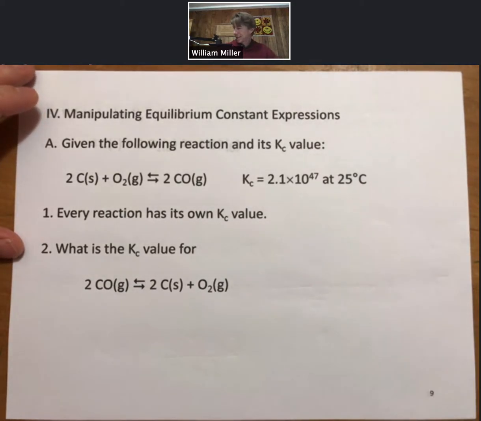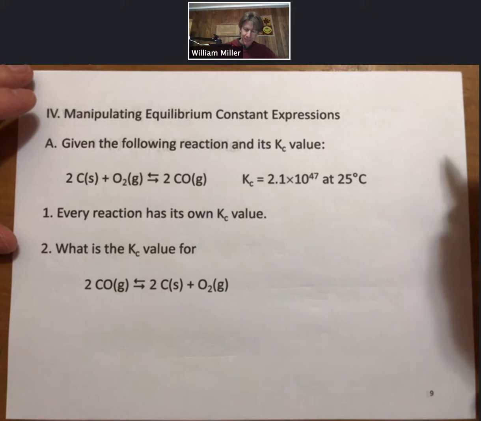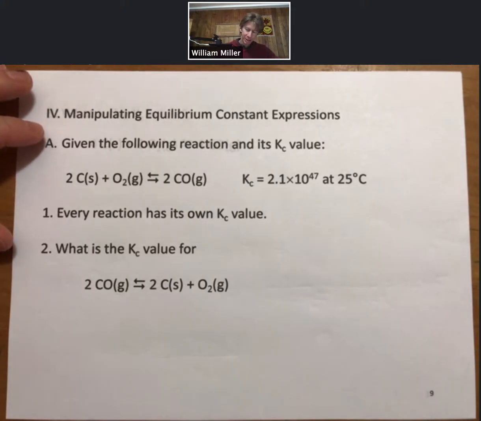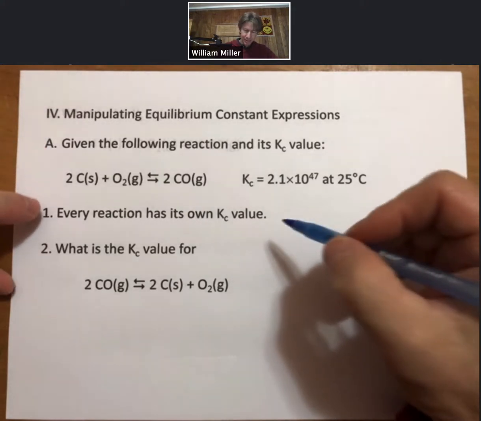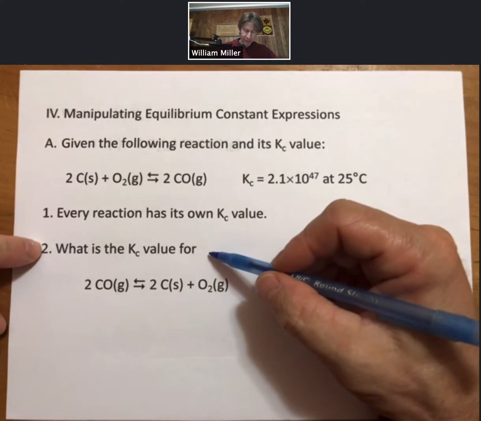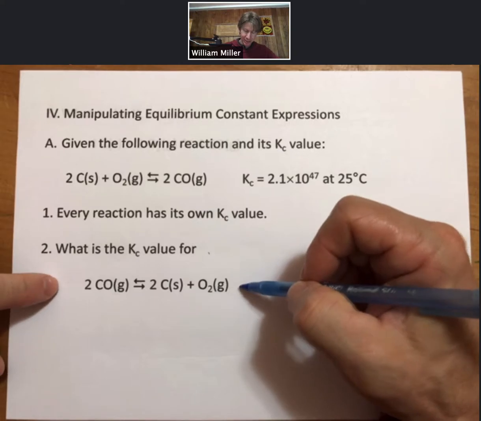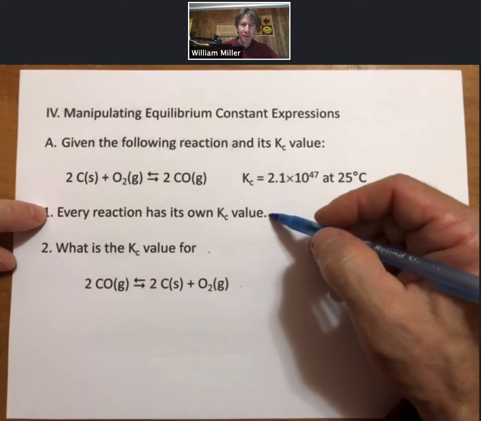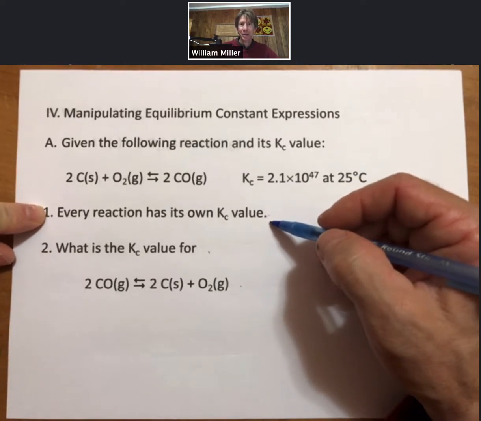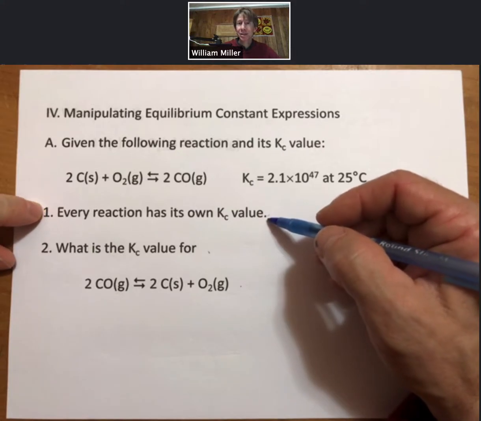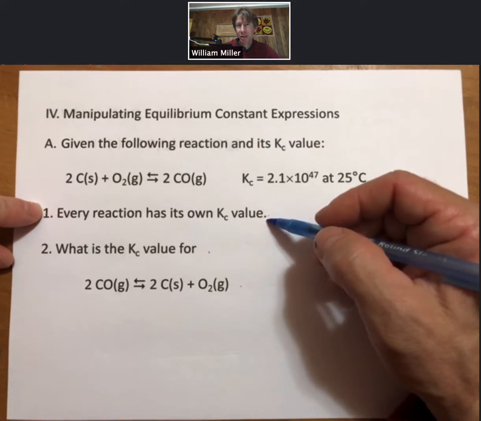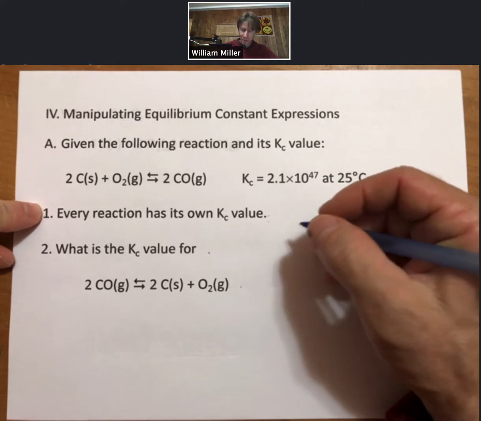Now, manipulating equilibrium constant expressions. It says, given the following reaction and its Kc value, we will eventually say, what is the Kc value for this? And remember, every reaction has its own Kc value. That's akin to when we were talking about the change in enthalpy of reaction, delta H reaction.